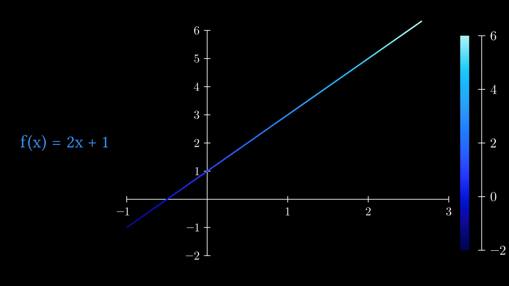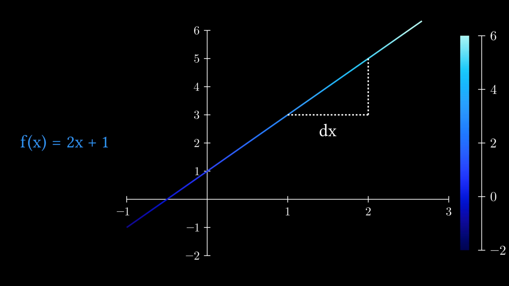We'll start with a simple function, say f of x equals 2x plus 1. The question we want to answer is, what is the slope of this function? Well, isn't that the same thing as asking, for an increase in x, how much does f of x increase? We can answer this by measuring the change in x, which we can call dx, short for delta x, with delta meaning change in mathematics.